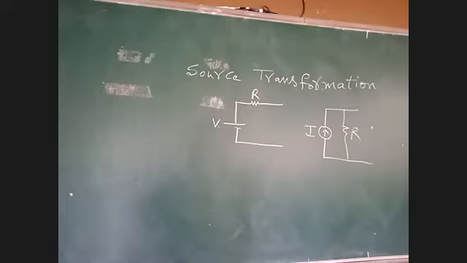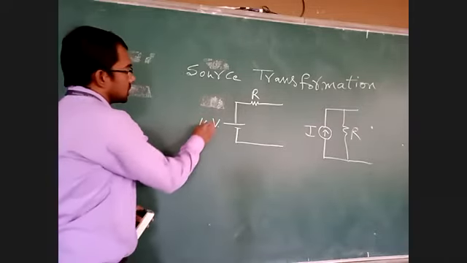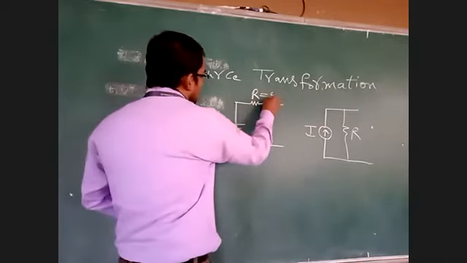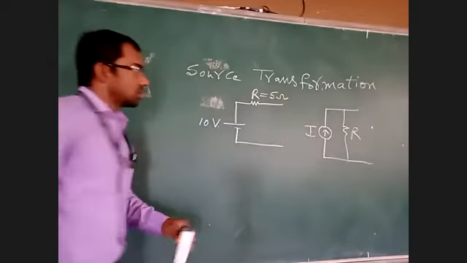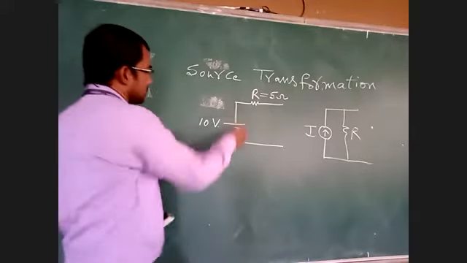how to convert this voltage to current source. Let us take this 10 volts, R is equal to 5 ohms. Now in the first diagram, I am determining the current here.